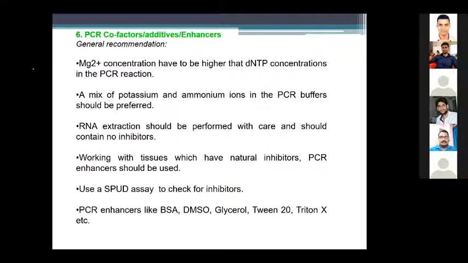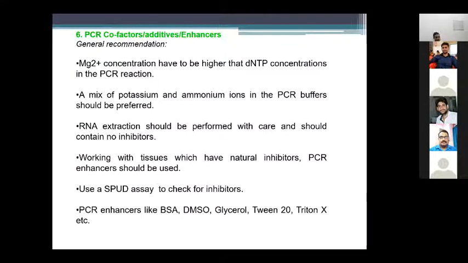So for the general recommendation for the PCR cofactor additives, number one, magnesium concentration has to be higher than the dNTP concentration in the PCR reaction. Number two, the mixture of potassium and ammonium ions in the PCR buffer should be preferred.